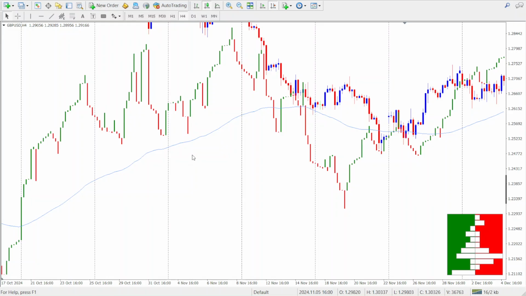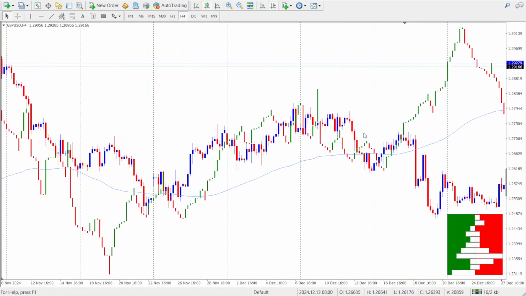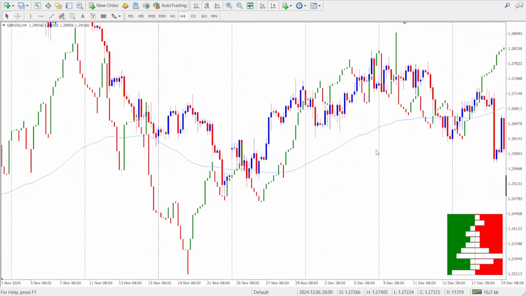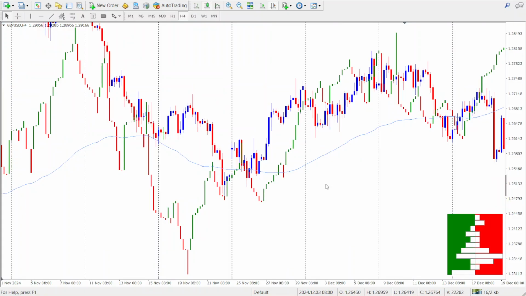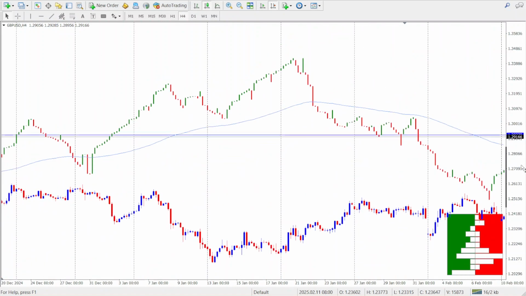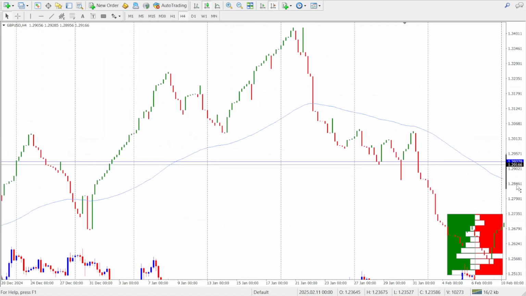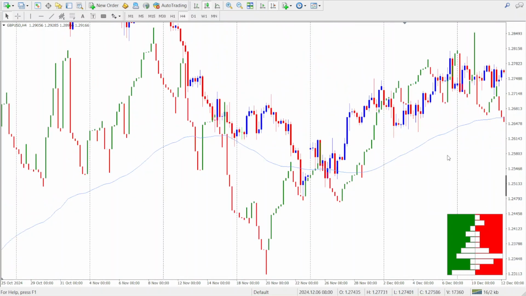If the price goes above the previous high, the trend is considered up, and a new bullish line is created. If the price moves below the previous low, a new bearish line is drawn, indicating a downtrend.